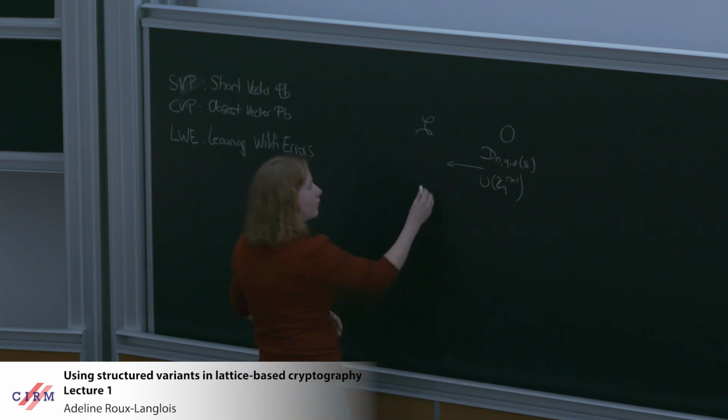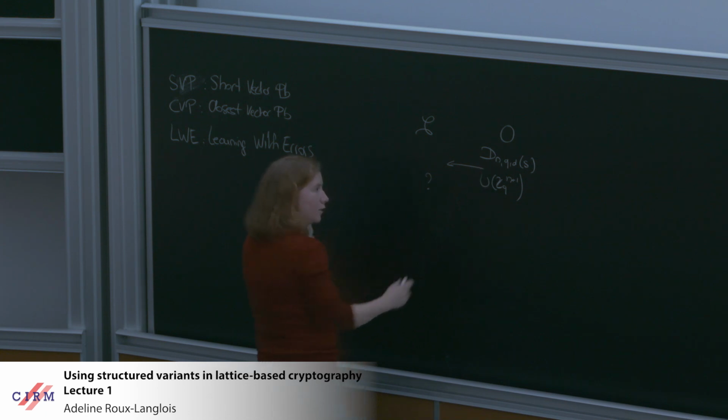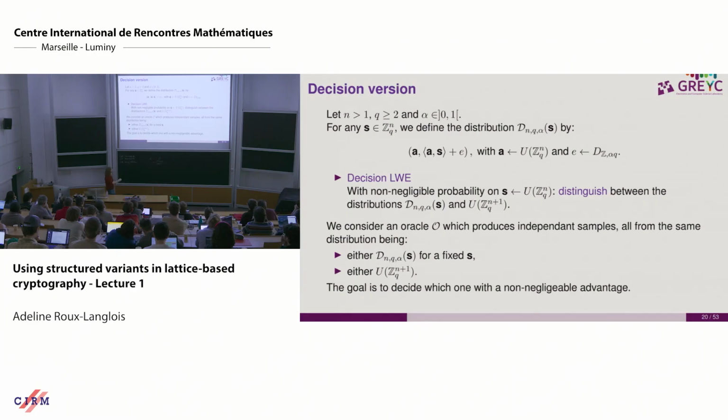And you have to decide in which case we are. You can ask as much as you want, and it continues to give you always the same. The oracle cannot change what it is doing in the middle. So it gives you either only LWE samples, or only uniform samples. And at some point you have to decide which one it is.